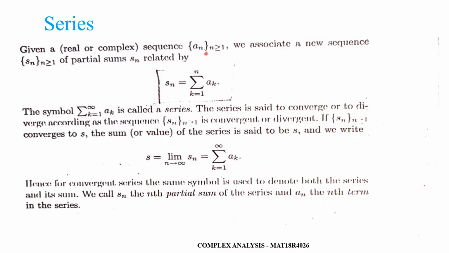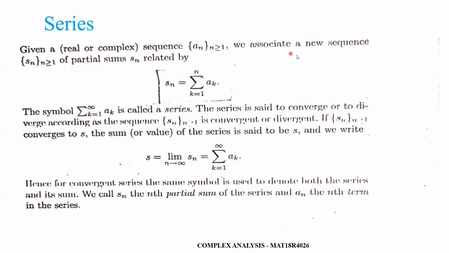Since we are in the complex domain, we will consider only complex numbers, but any real number can also be expressed as a complex number, as we know. So as of now, I will consider an is a sequence of complex numbers from a1 up to infinity.